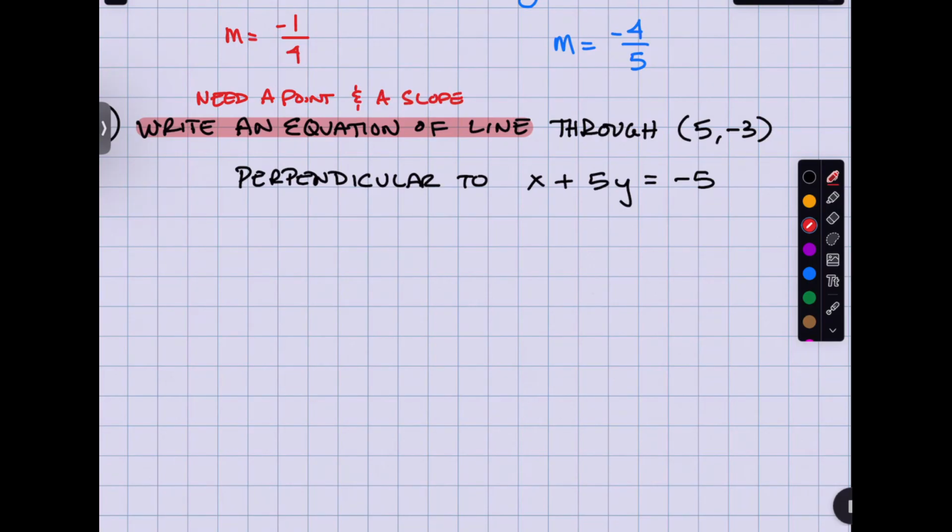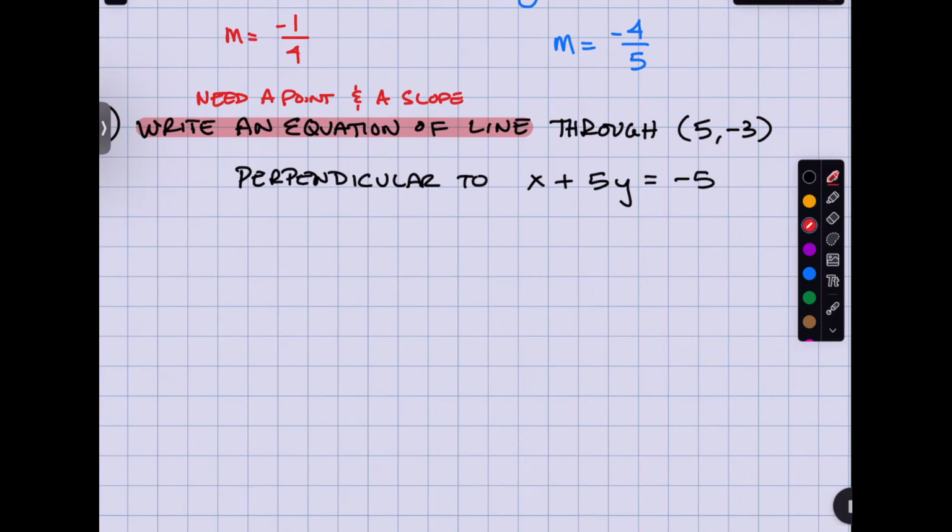So this line goes through (5, -3). I got a point. But it's perpendicular to this line. So does this line have anything to do with the equation of the line that I'm writing?